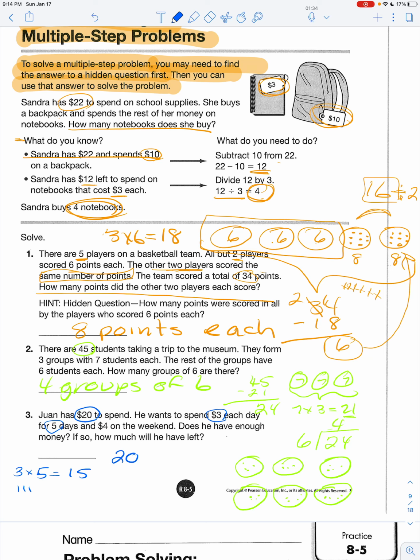Okay, 3 times 5 is 15. And $4 on the weekend. Okay, so if I have the 15 plus his $4 he wants to spend on the weekend, that's a total of 19. So he's going to spend 19. So I could take that away from the 20 and I end up with $1 left.